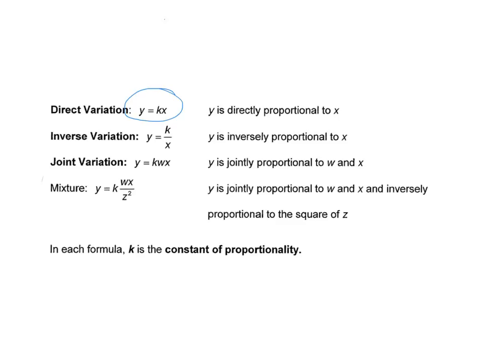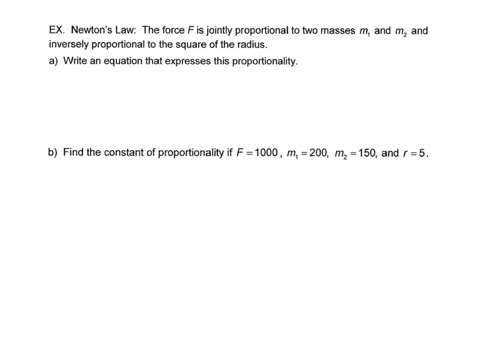So we're going to look at a problem that has to do with a formula, Newton's law. The force F is jointly proportional to two masses, m1 and m2, and inversely proportional to the square of the radius. Part A says write an equation that expresses this proportionality.